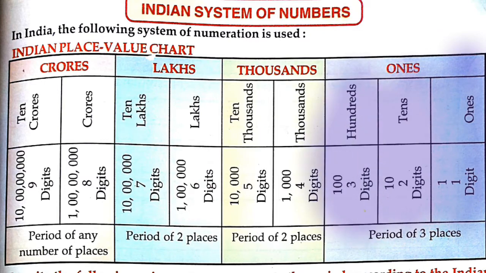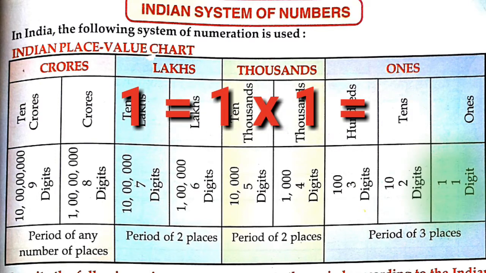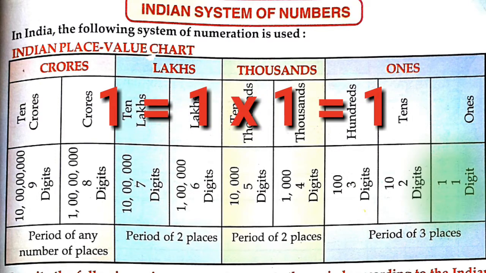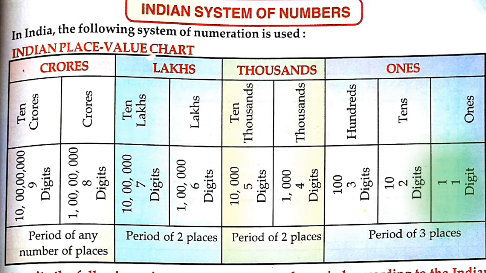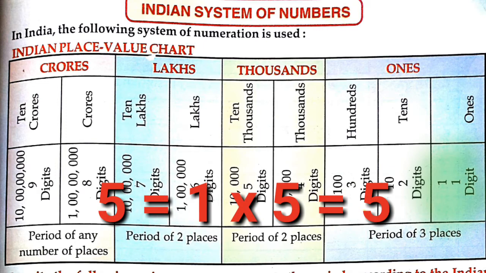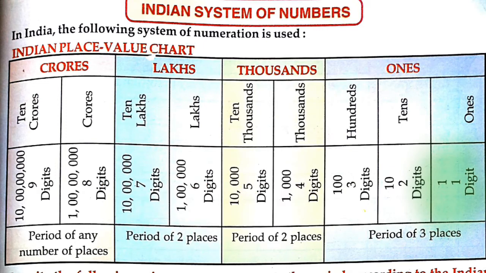If there is a 1 in the ones column, the value of 1 is 1, and if we write 5 in the ones column, the value of 5 is 5. That means if a number is in the ones column, the place value is that number into 1.